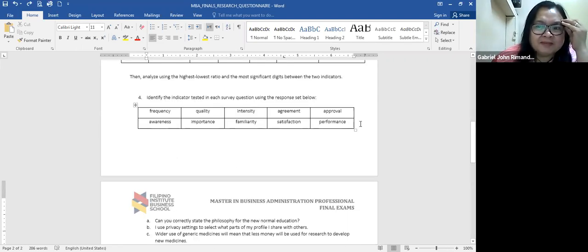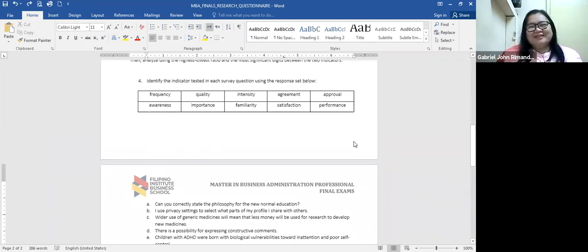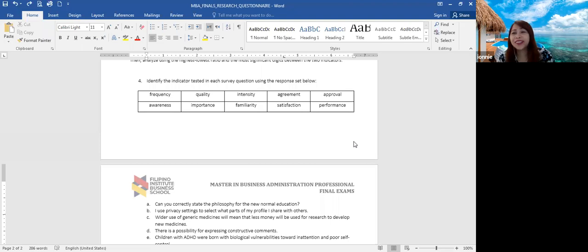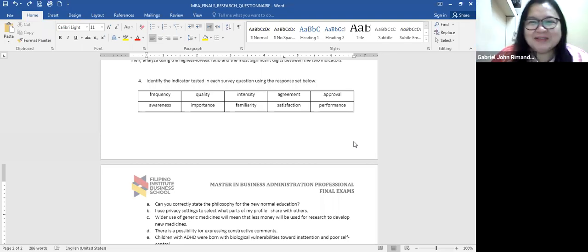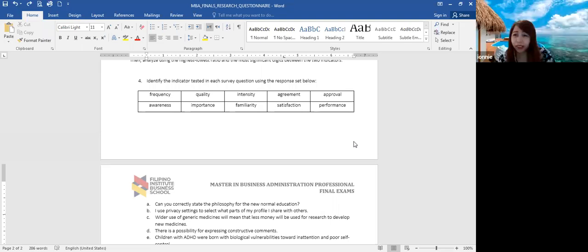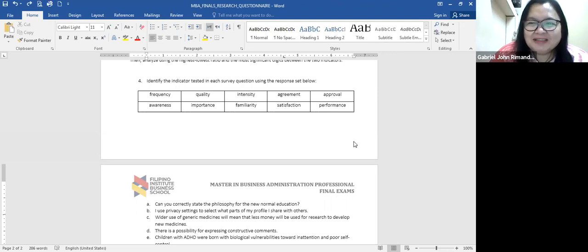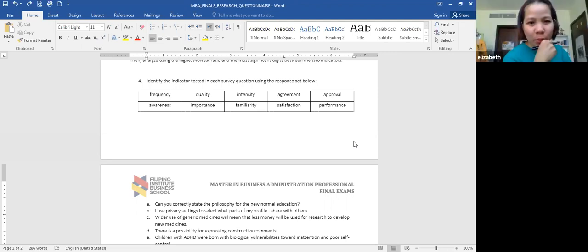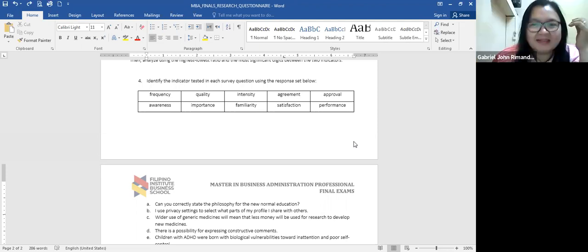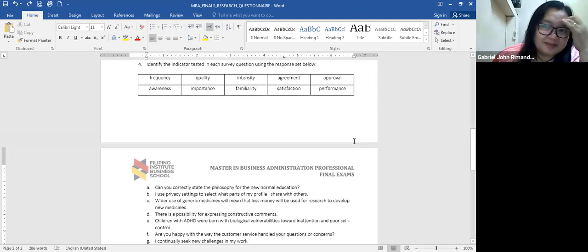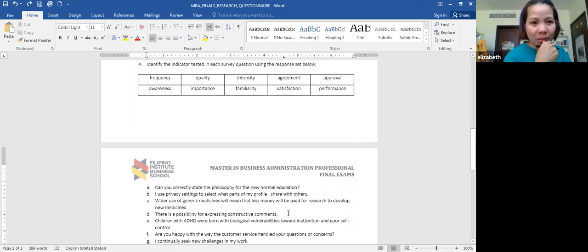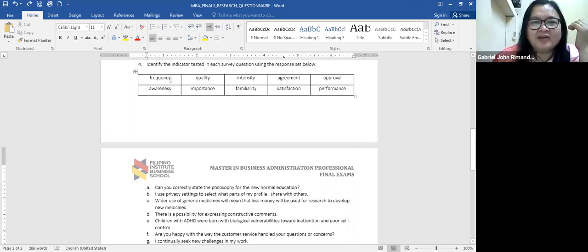Do you need 5 days for this? Joke only. Elizabeth asks: for number 4, the listed indicators are the choices we use to answer, and do we need to elaborate on the answers? No, just indicate the word.